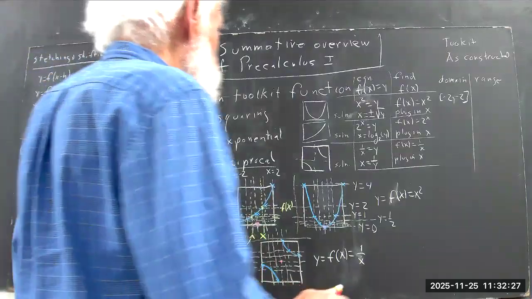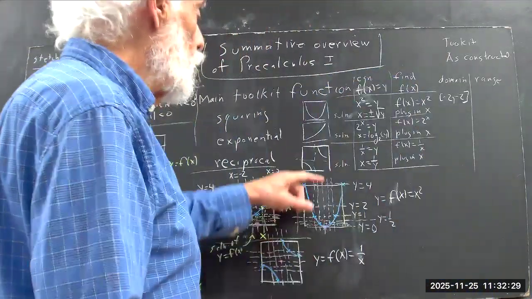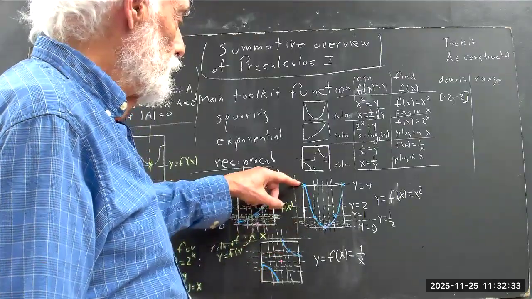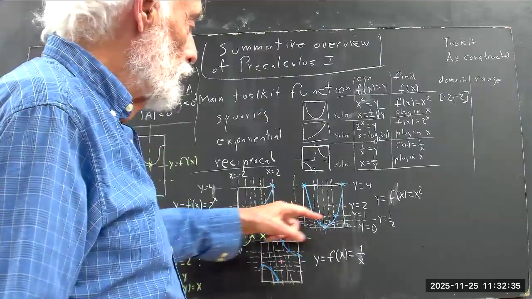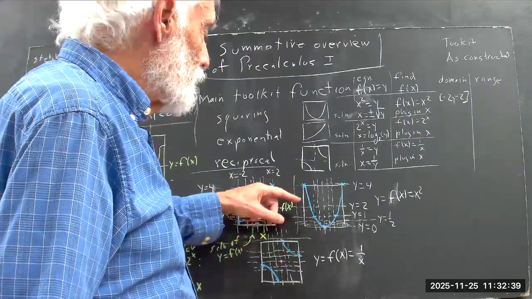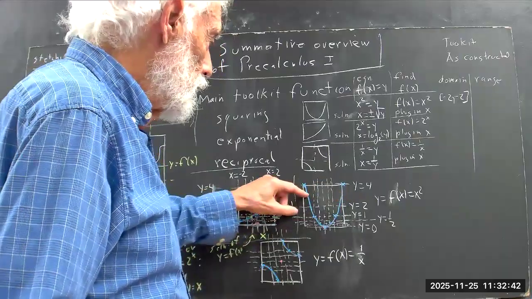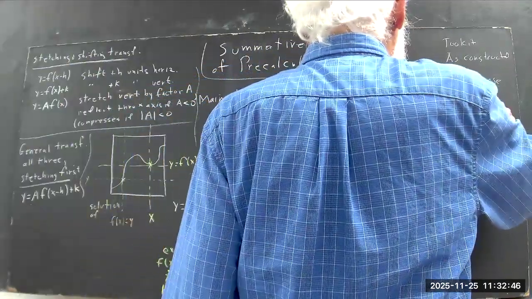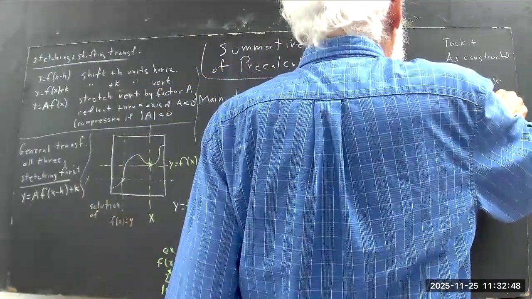Okay. The range consists of all the y values. So that means for every y value between 0 and 4, the question is, is there a point on the graph? And there is. For every y value from 0 to 4, if you draw a horizontal line, you're going to meet the graph. So the range is 0 to 4.